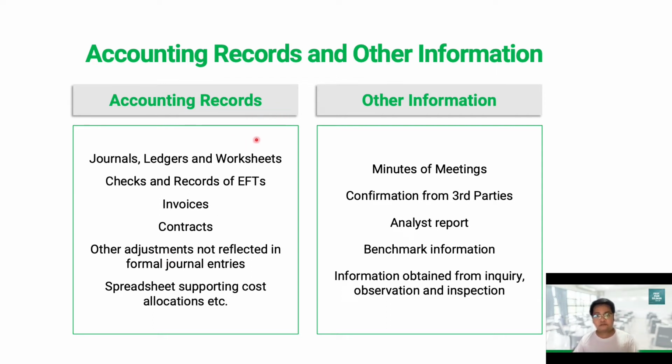And then on the other hand, we have other information. Formerly, it's called corroborating information, which includes the information that is not part of our client's accounting records.